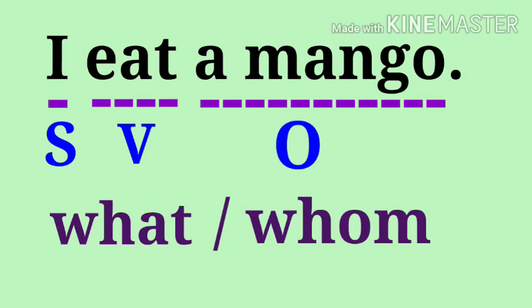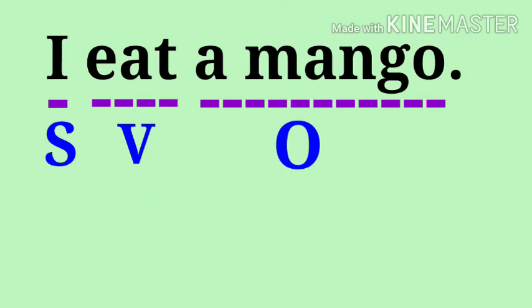Understand? I told you how to identify the object from the sentence. To identify the object, it is necessary for us to identify subject and the verb from the sentence, and then you have to ask the question with what or whom, and whatever the answer you will get, that answer is your object.